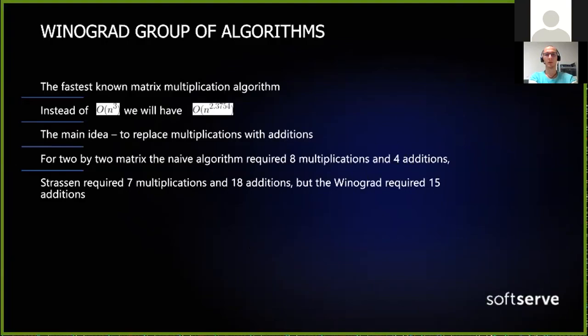Because, as far as I know, both GPU and FPGA have more units to make addition than multiplication, and that's why it can be very useful to reduce the number of multiplications, even if it increases the number of additions.